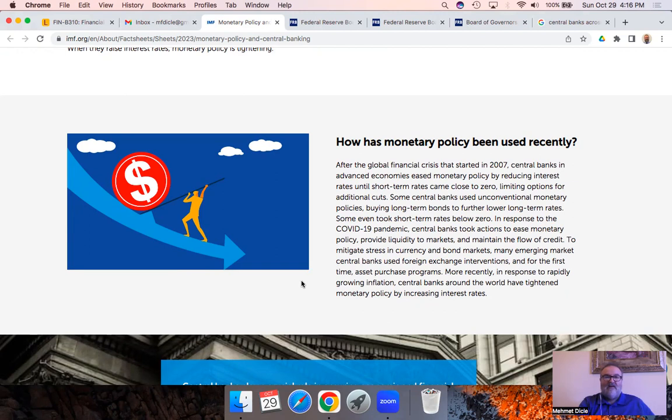And by the way, what I have on the screen is by the IMF, and these are examples of what has been going on internationally since the Great Crisis of 2007.